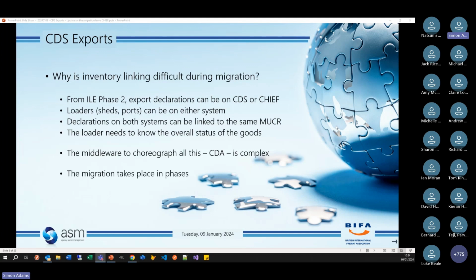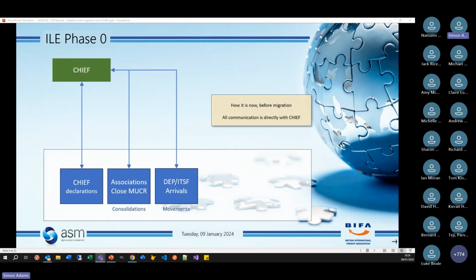And because it's so complex and because there's different bits happening all at once, the migration is taking place in various phases, which I'll just go through very briefly now. I don't want to get too complex, but hopefully it will show you why it's quite a difficult thing to get the whole thing working. So ILE phase 0, ILE is inventory linked exports, by the way.